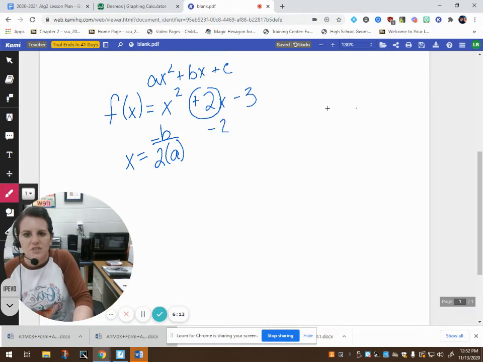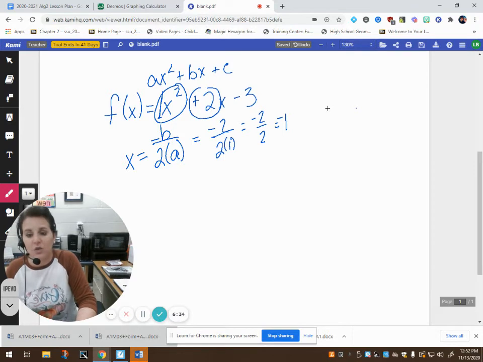It would be negative 2. What is my a? Well, the a is the coefficient of the x squared term. We don't see anything there, but we know that there's an understood 1 there. So the coefficient of the x squared term is 1. So I have negative 2 over 2, which is nothing more than negative 1. So that gave me the x-coordinate of my vertex.